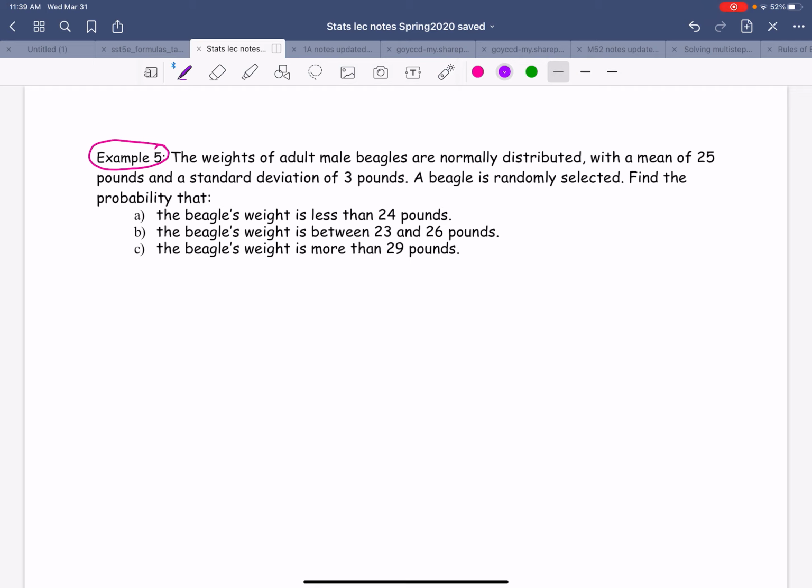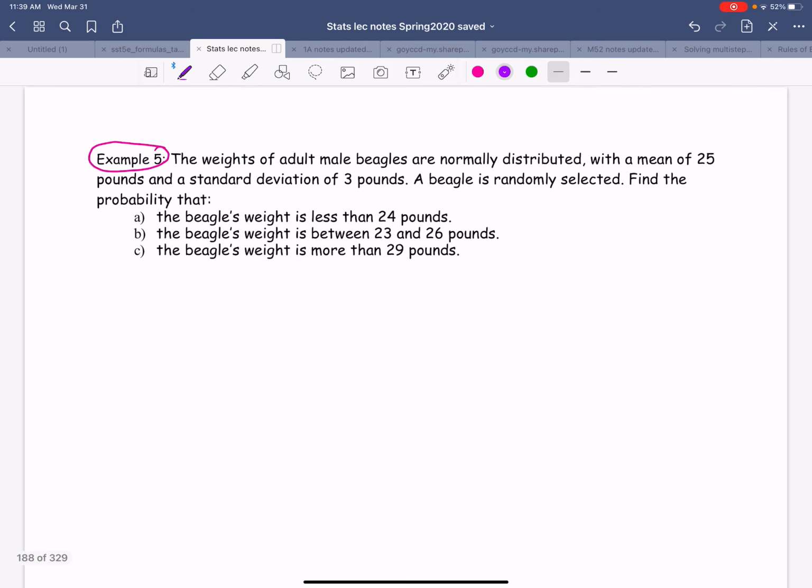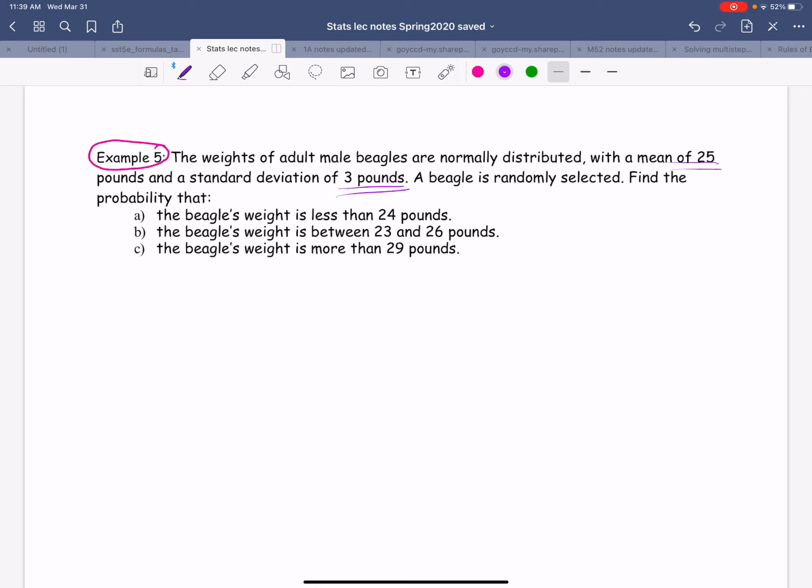The weight of adult male beagles are normally distributed with a mean of 25 pounds and a standard deviation of 3 pounds. I also want to point out that if you're using the tables or you're using StatCrunch, your answer will be more accurate with StatCrunch, because the table rounds the probabilities to 4 decimal places.